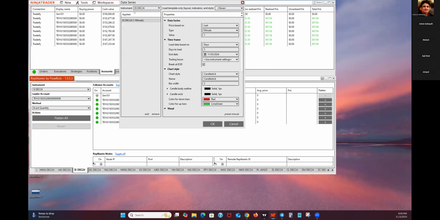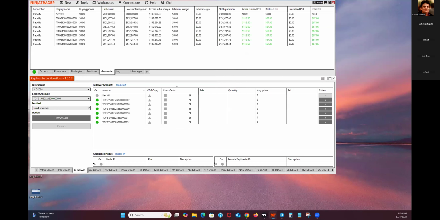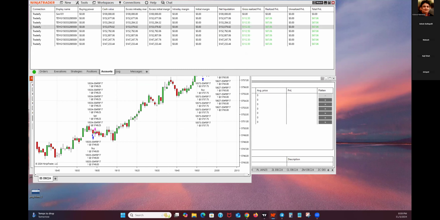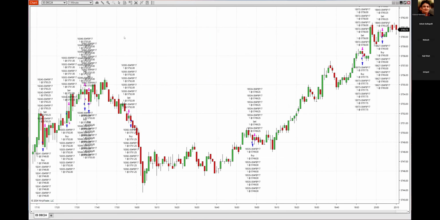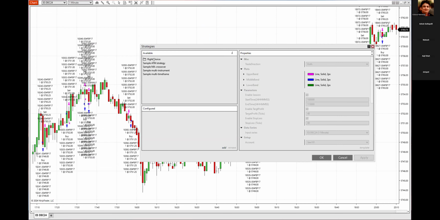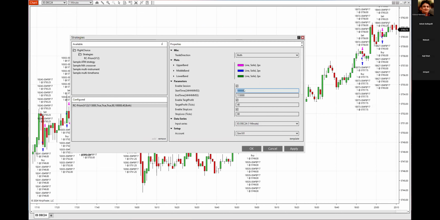Let's say I have this and I'm doing ES, and if I add the strategy on this, then we have this line here.